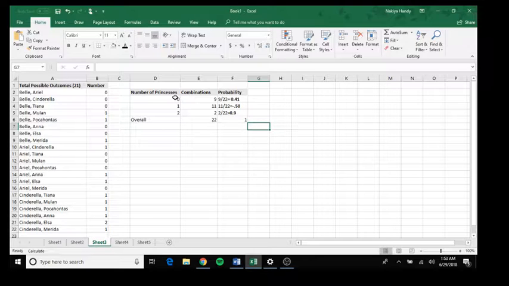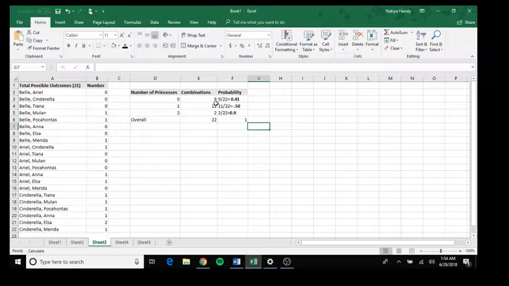So what I did was I took my minimum number and my maximum number, which is 0 and 2, and I had 1 as my median, and I broke it down and added up the total number of amounts of princesses that had 0 for having brown hair for combinations, which was 9, and I had 11 for 1 and 2 for 2. So out of all of my outcomes, I had 22 altogether.